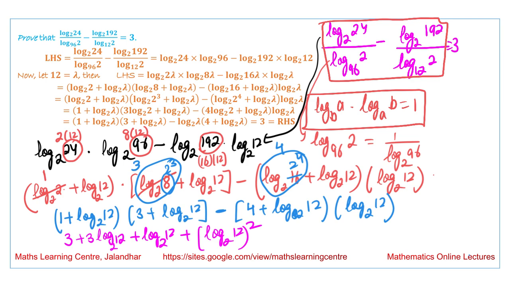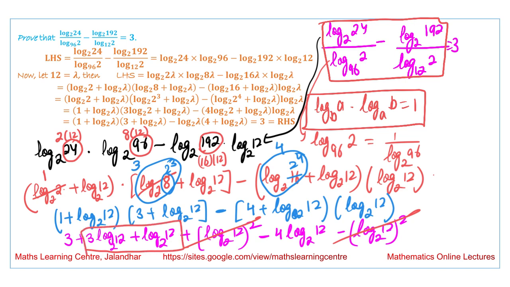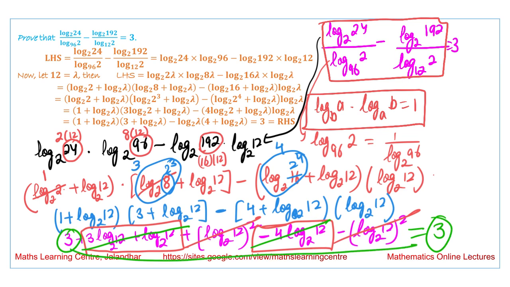The next terms we will have are minus 4 log 12 to the base 2 minus log 12 to the base 2 whole square. So these two terms get cancelled and the value we are getting over here is 4 times log 12 to the base 2. So these two values also get cancelled. So the answer we are left with is 3.